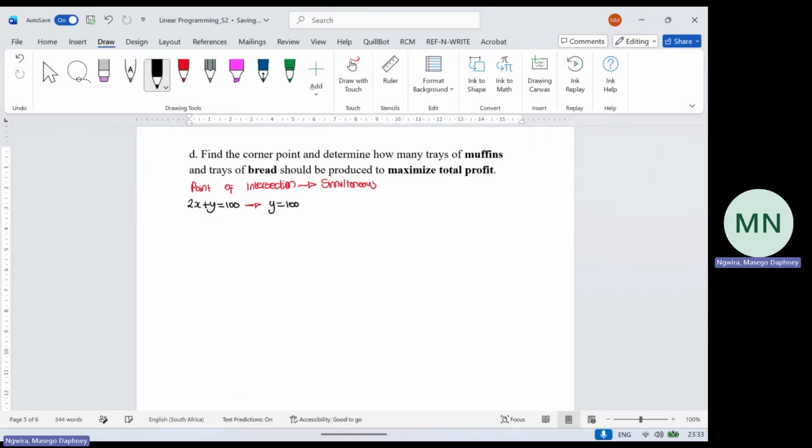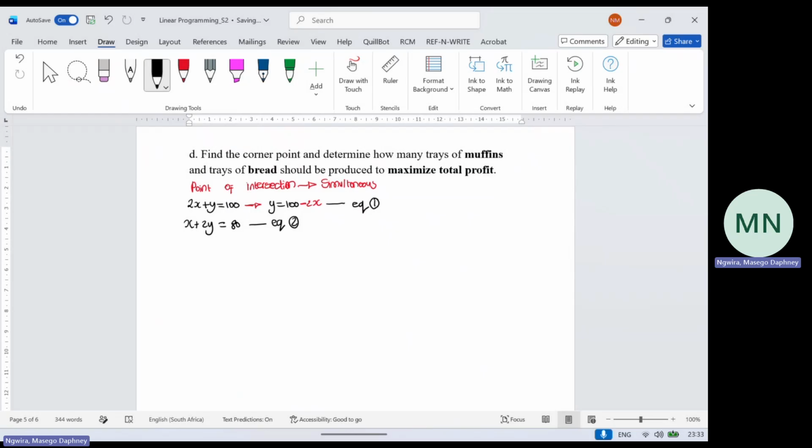Then I take the 2x to the other side. Then it changes the sign, becomes a minus 2x. So I'm going to call this my equation 1. This is equation 1. And then now we move on to the other one. The other equation is x plus 2y equals 80. So I'm going to call this equation 2. This is equation 2.